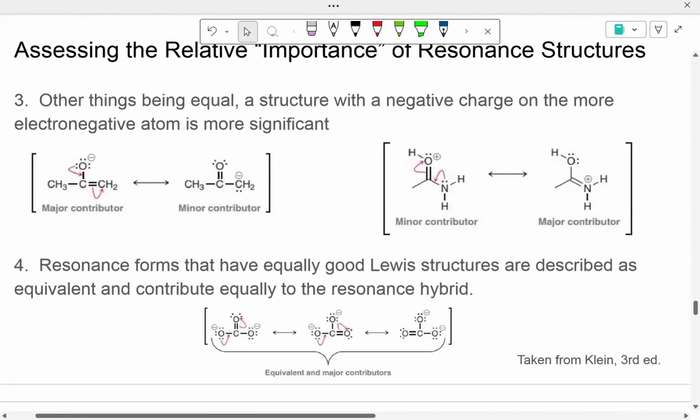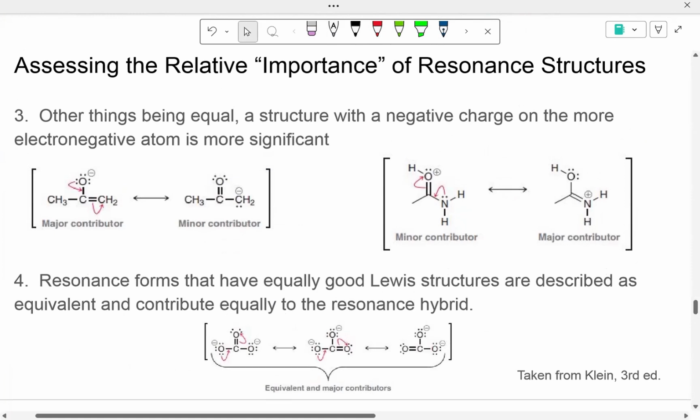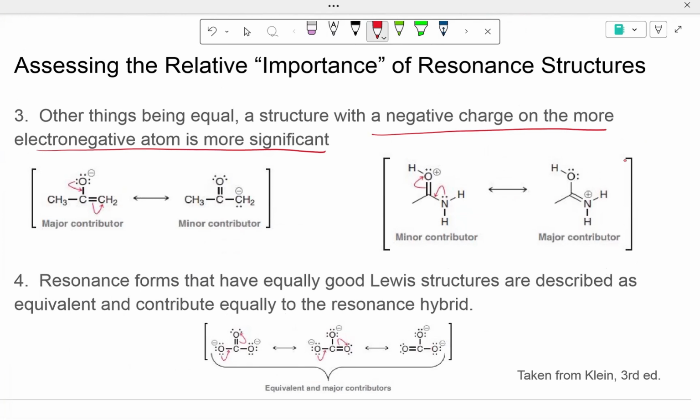The third thing we look at again goes in order of importance. Go one, then you look at two, then number three. All things being equal, a structure with a negative charge on the more electronegative atom is more significant. So this goes back to our previous example.